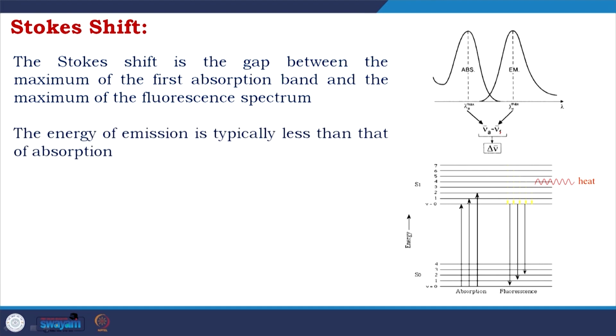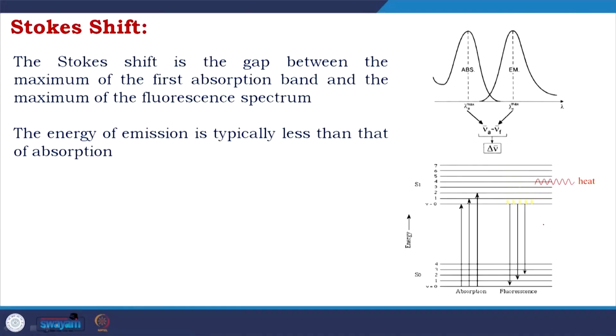The energy of emission is typically less than that of absorption, because, if you remember, the molecule goes from the ground electronic state to the excited state, then it dissipates energy and comes back, that is fluorescence. There is a dissipation of energy in some form, and that is why the emission energy is typically less.